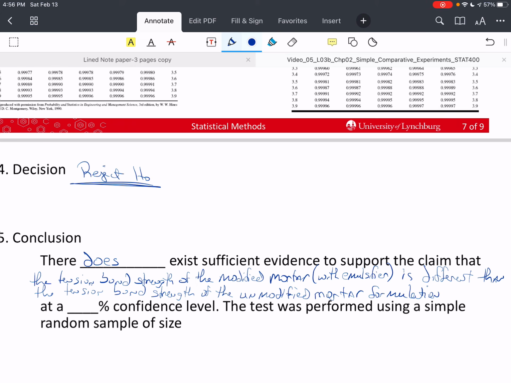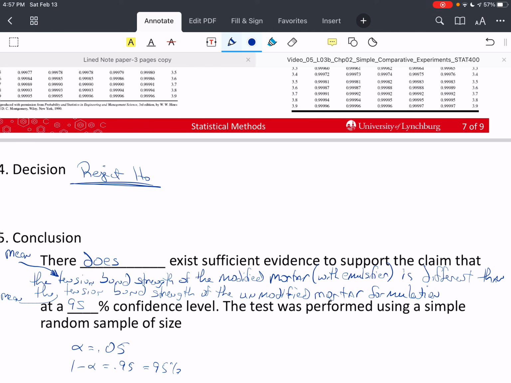Now, we really should use mean. I should have used the word mean because we have mu. So the mean tension bond strength of the modified mortar is different than the mean tension bond strength of the unmodified mortar formulation at alpha equals 0.05, so 1 minus alpha equals 0.95, or 95% confidence level.